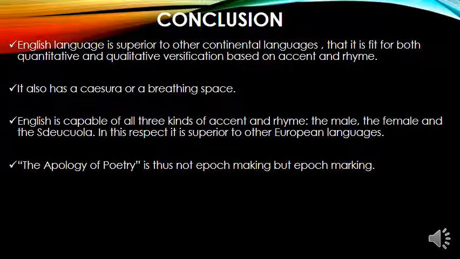So, in that way, Sidney's Apology of Poetry does mark an epoch, or does place a marking in the history of criticism.